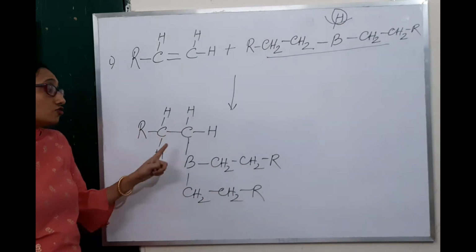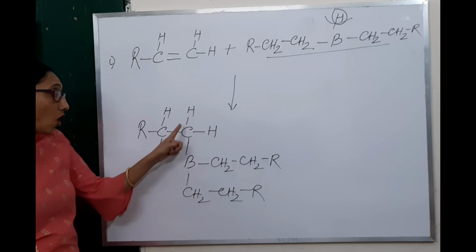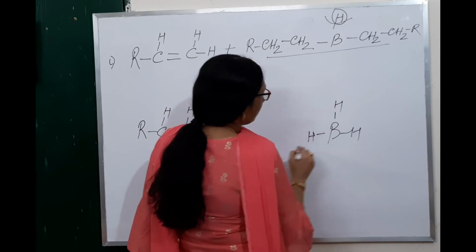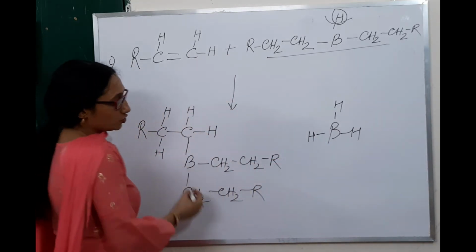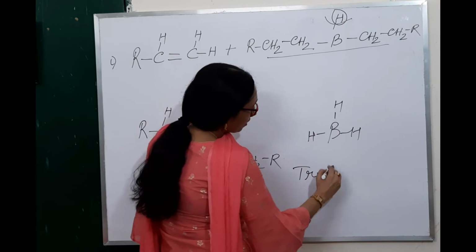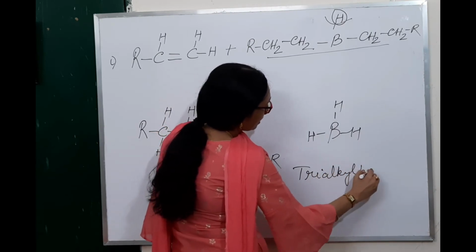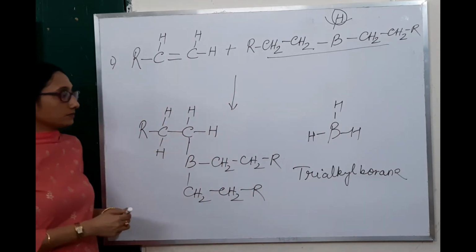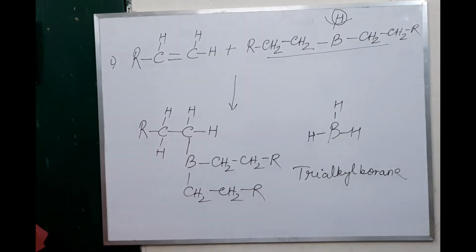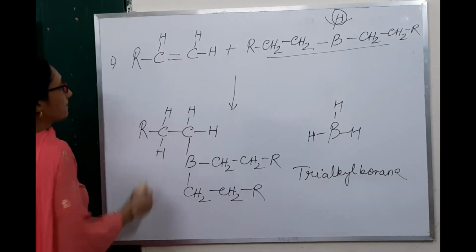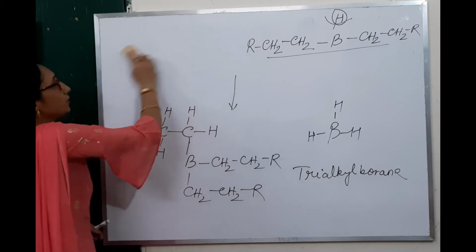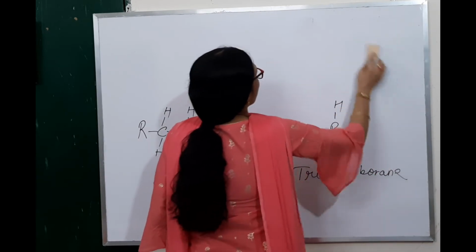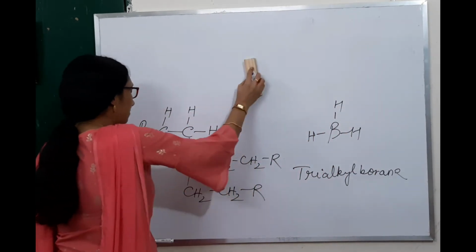So now this is trialkyl boron. See, all the 3H of this BH3 are now replaced by 3 alkyl groups. So this is trialkyl boron. Write this trialkyl boron. So how many molecules of alkene are required here? 3 molecules.